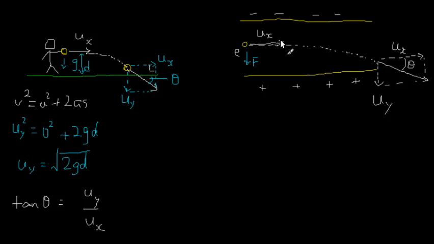Let me start with the velocity ux. I'm going to use a big value for this. Let me say 726 followed by 4 zeros meters per second.